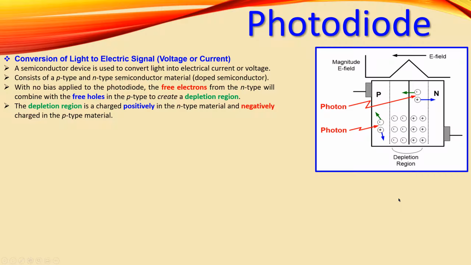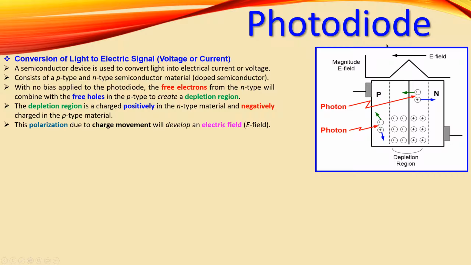Now this depletion region is charged positively in the N-type region, so actually you have the movement of electrons from the N-type to the P-type, and it is negatively charged on the P-type, so we have the movement of positive charge, so holes, from the P-type to the N-type. So we have actually a separation of charges. Now if you look at this, you have a polarization, with positive charges and negative charges in this configuration, and then the electric field will be pointing in the direction from right to left in this diagram.